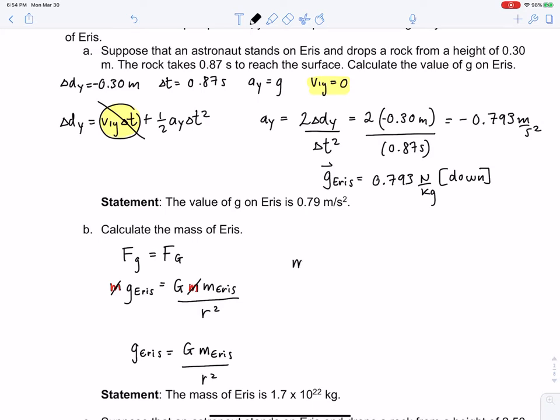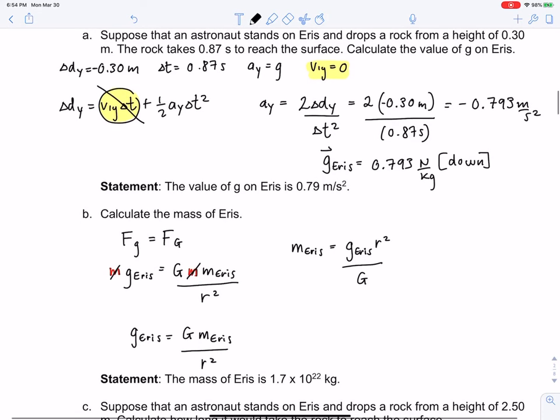Our job is to find the mass of Eris, and we can do this by rearranging. It's equal to the gravitational field intensity of Eris, which we found up above, times the radius of Eris squared divided by the gravitational constant.